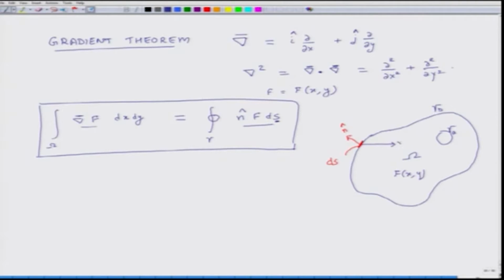Let us say this is my x direction, this is my y direction, and the normal is in this direction, and let us say this angle is theta. So, this n is equal to cosine of theta i plus j times sine of theta.